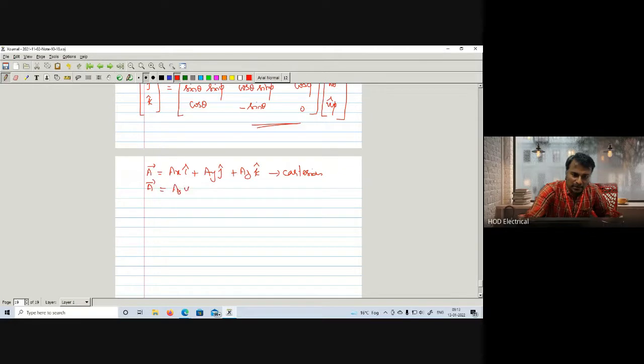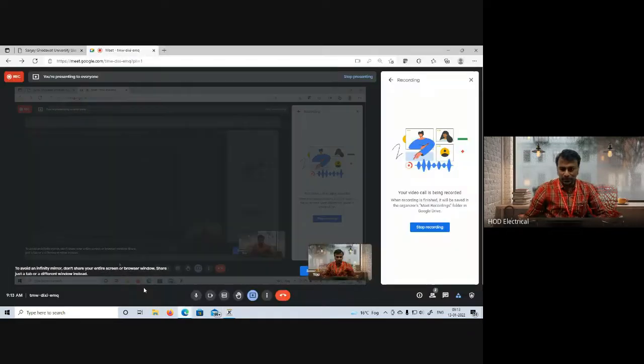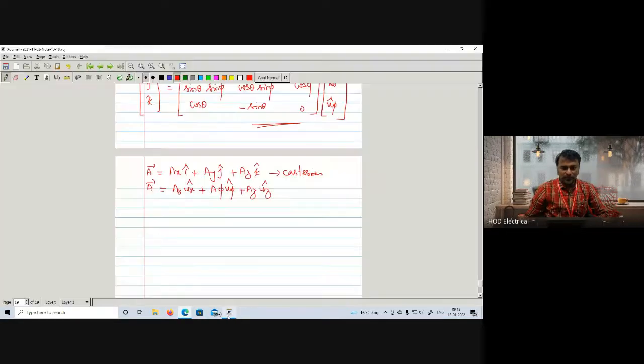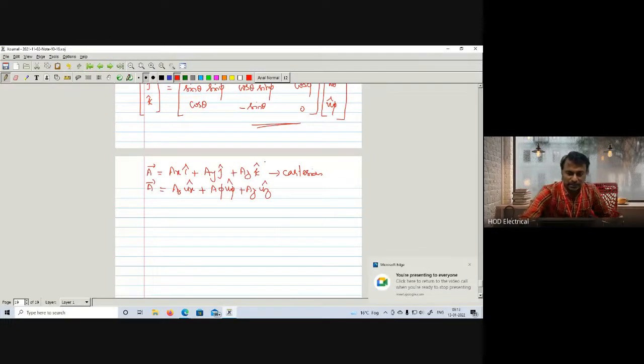A r in the u r hat plus A theta in the u theta hat plus A phi in the u phi hat.